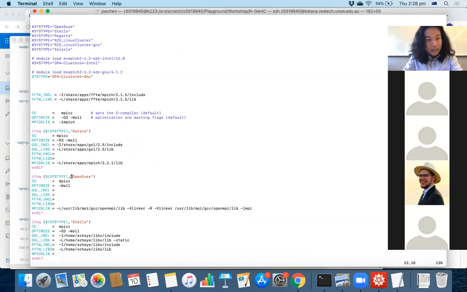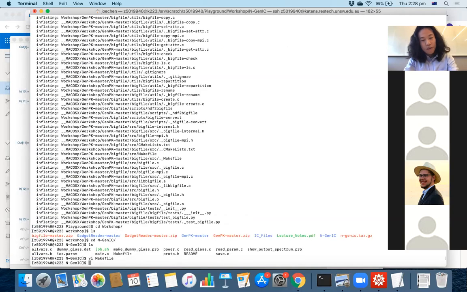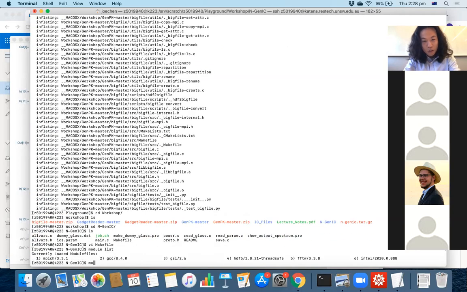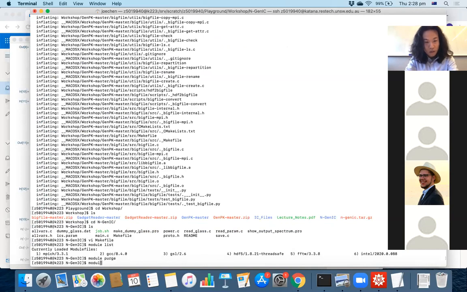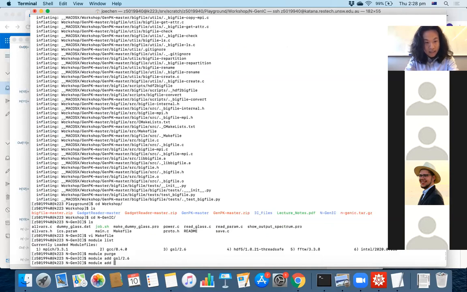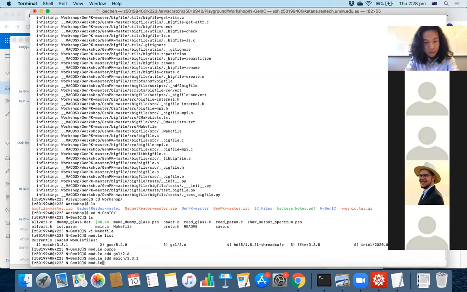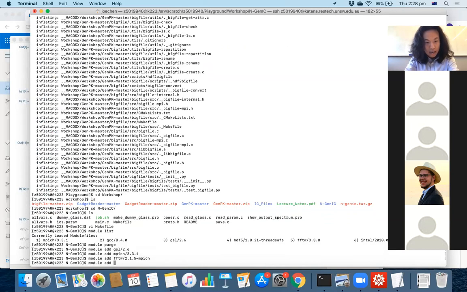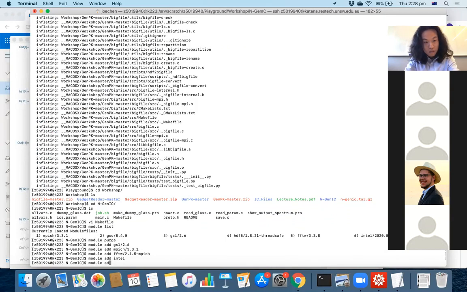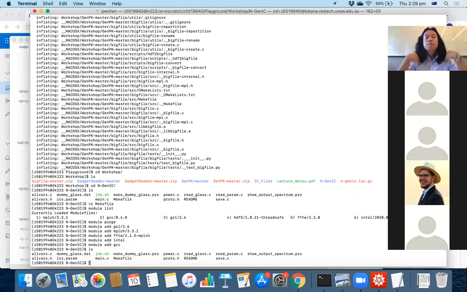And that's the makefile, yeah. Did you load any modules? No, I haven't yet. If you want to load modules on Katana, let me just module purge. Now I have no modules, so I have to load them: module add GSL 2.6, module add MPICH 3.3.1, module add FFTW 2.1.5, the MPICH version, module add Intel, whichever one's fine, and module add GCC as well in case it complains.